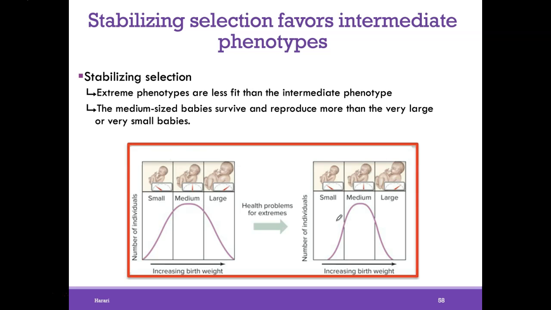Very large babies usually are unable to be delivered; they won't be able to go through the birth canal. Very small babies would be premature and would not be able to reach reproductive age. So therefore, we stabilize. We select for the medium, the intermediate. Medium birth weight is the most reproductively fit.